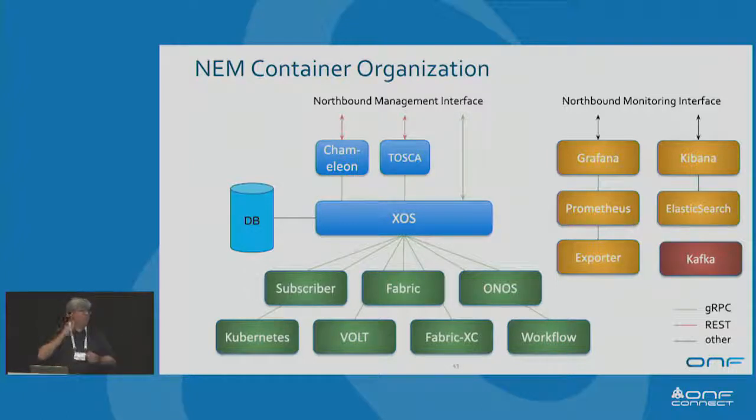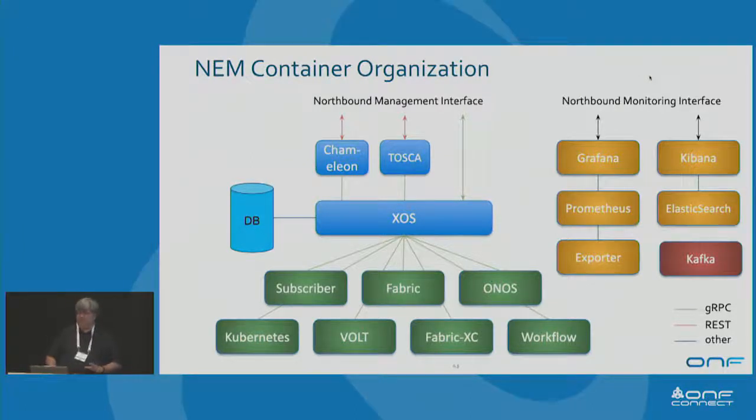We have something that does subscribers that encompasses the notion of a subscriber. So all of these synchronizers, they both specify the models and contain a lot of the code that implements the interface between XOS and those particular services. So that's kind of the management pipeline down that side of the page.